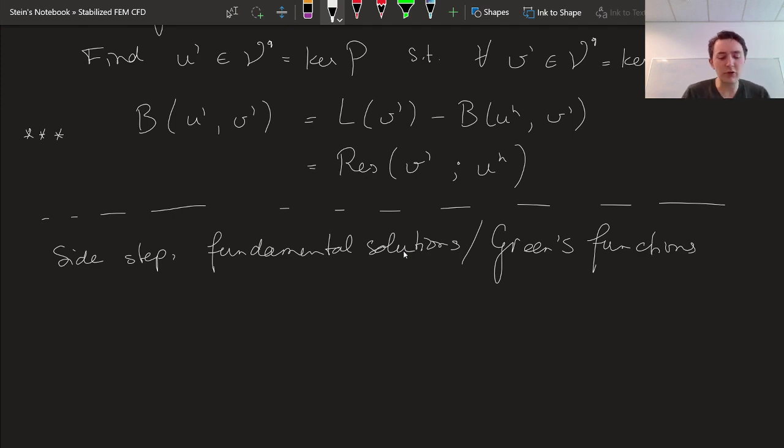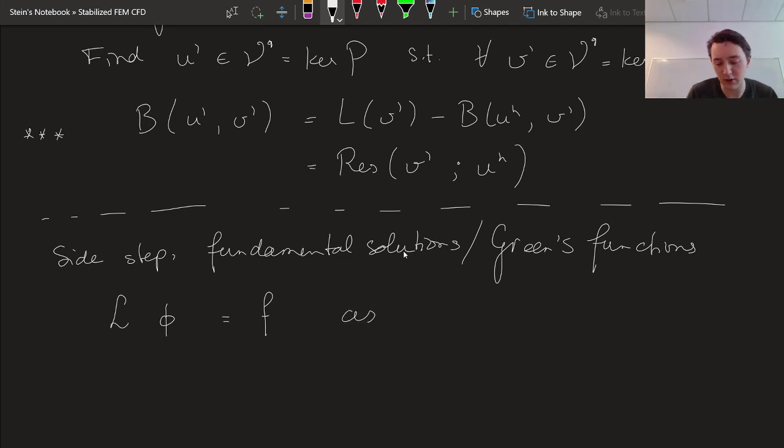And that's a general strategy for trying to solve a partial differential equation. Some arbitrary partial differential operator acting on our field of interest phi, such that that is going to equal some sort of right-hand side, f.